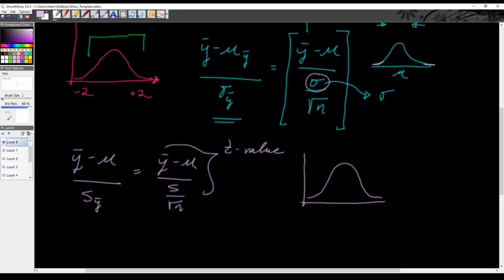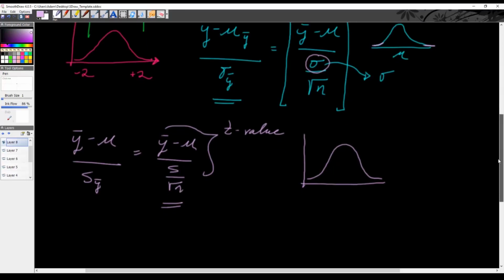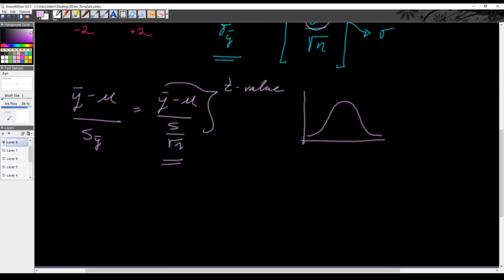So again, if the population is normally distributed, the population of all possible values of the t value, the standardized population means using the sample standard deviation, that's going to be t distributed with n minus 1 degrees of freedom.